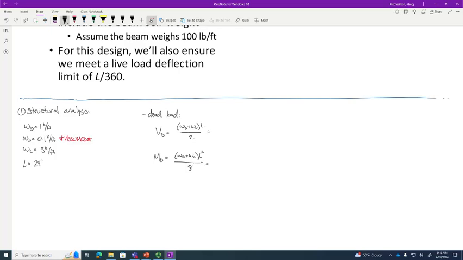Okay, so the first thing that we're going to do is compute our dead load response, which is this right here. I'm going to go ahead and do that part for you right here.